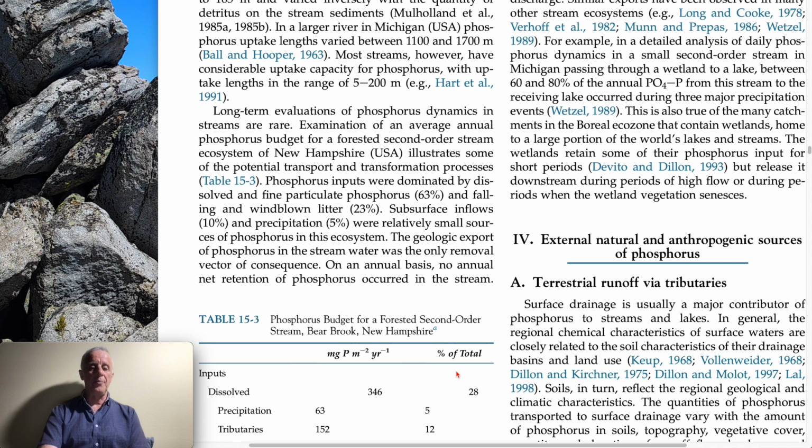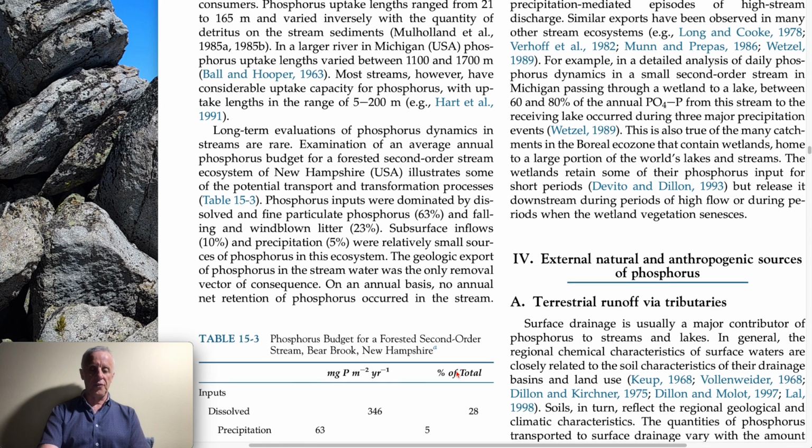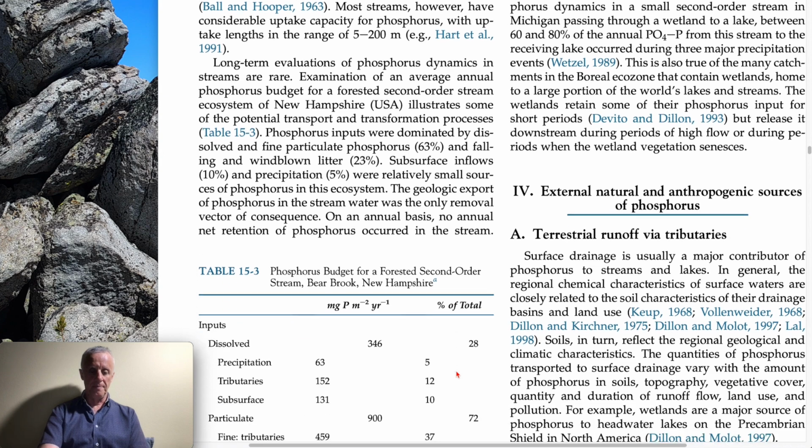Subsurface inflows, 10%, and precipitation, 5%, were relatively small sources of phosphorus in this ecosystem. The geologic export of phosphorus in the stream water was the only removal vector of consequence. On an annual basis, no net retention of phosphorus occurred in the stream.